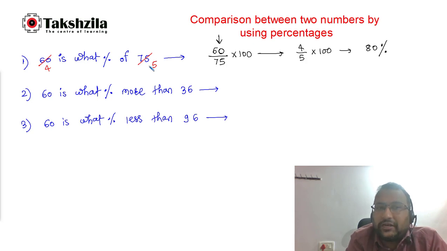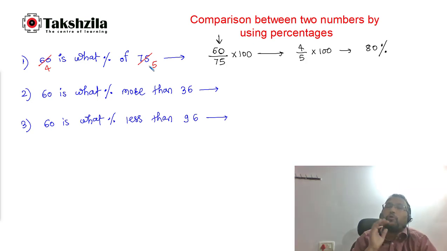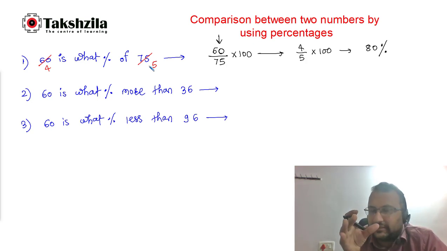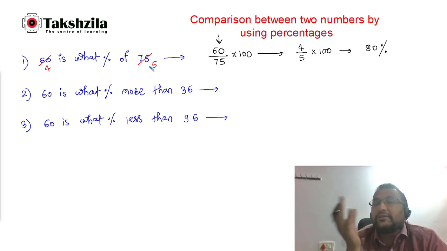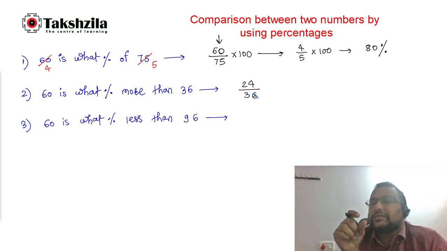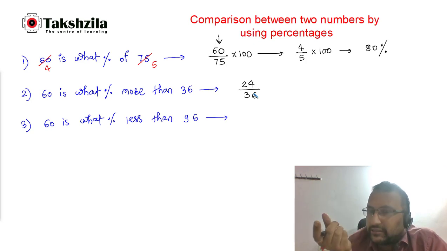The second type of statement is 60 is what percent more than 36. So now over here we need to compare the difference between 60 and 36. 60 is how much more than 36? That is nothing but difference, that is 24. 60 is 24 more than 36. The difference between 60 and 36, we need to compare it with 36.